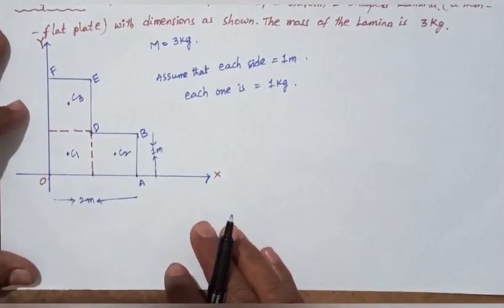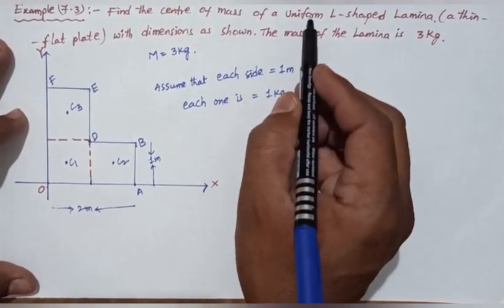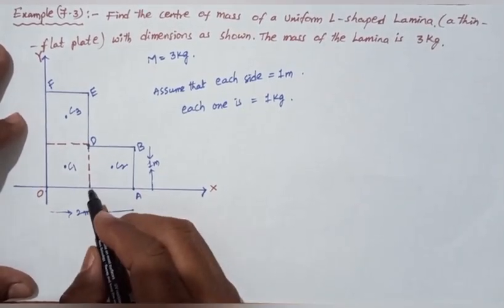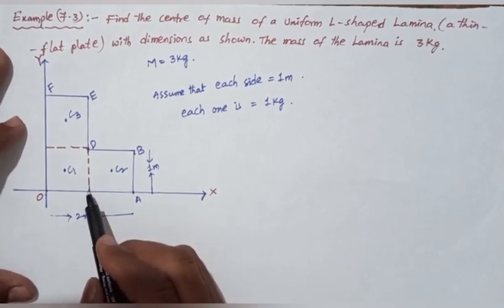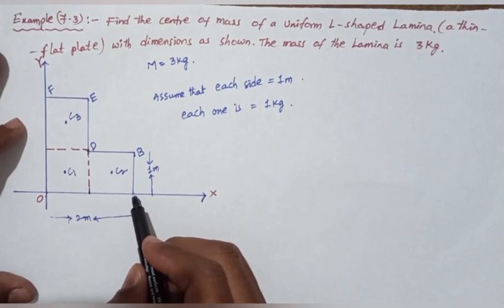Next we can find the center of mass of the L-shaped lamina. First we take the points.